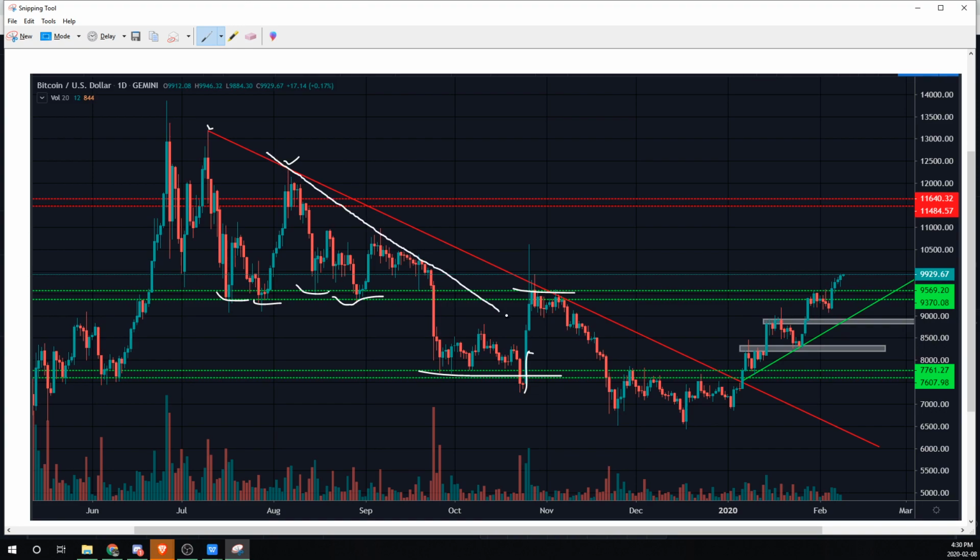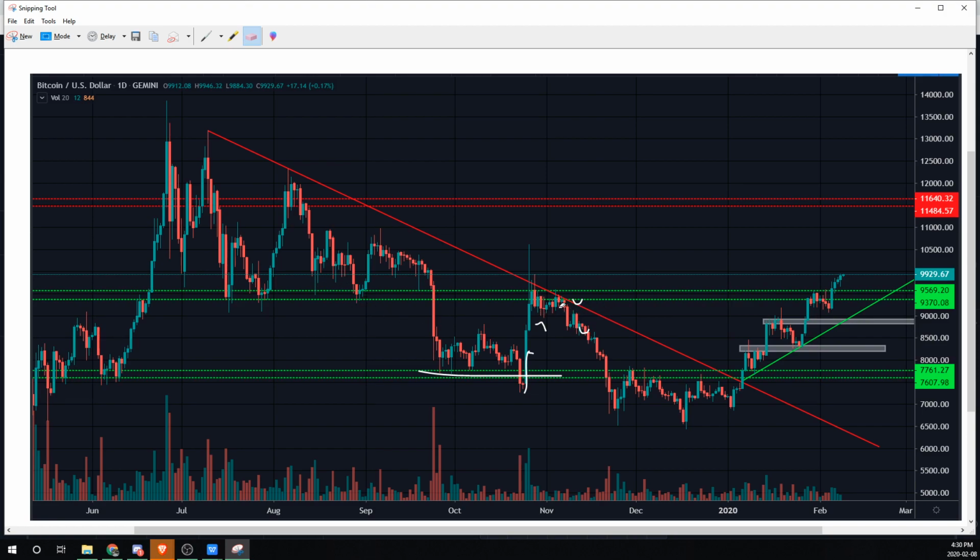There was a potential there for a move to the upside, but inevitably it did break this level of support, and then we used it as a new level of resistance to short the move to the downside, which we captured pretty well.